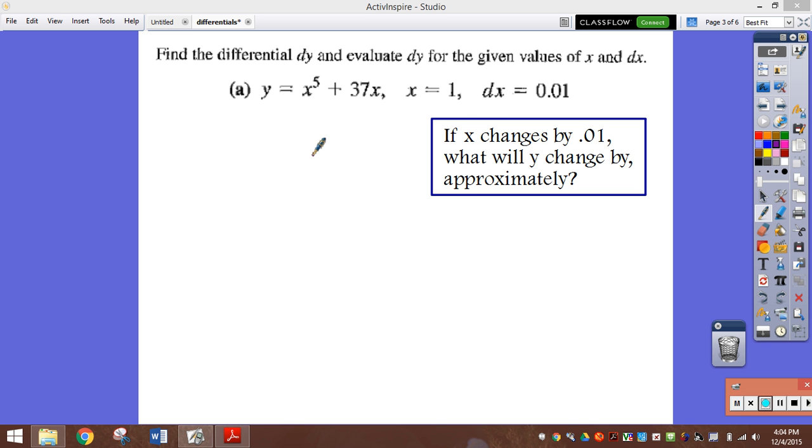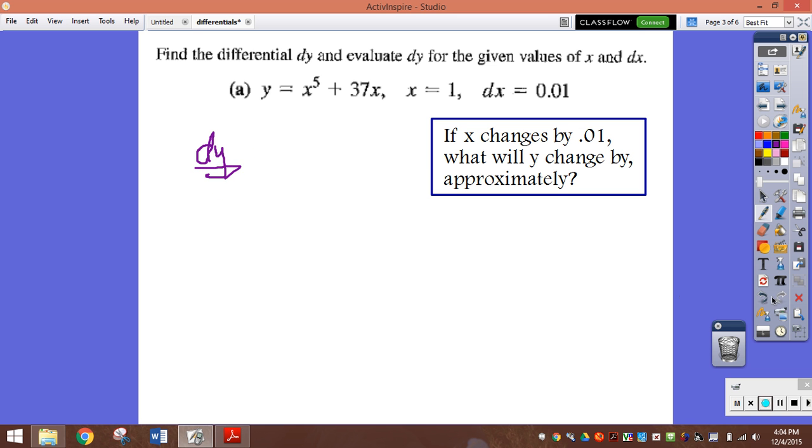And so the first thing I need is my derivative. And so take the derivative of y. And normally we write y prime, but since we're using differentials here, let's write it as dy over dx. And so when I take the derivative of y, I get 5x to the fourth plus 37.